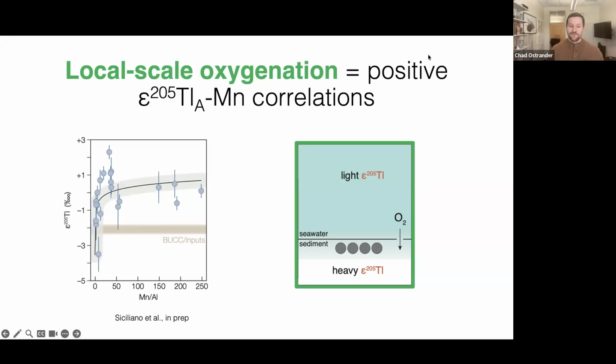That might manifest in the form of positive correlations between thallium isotopes and manganese contents. Sediments with higher manganese contents are more likely to have had some manganese oxide contribution. And if there were manganese oxides in the original sediments, then you would expect them to have isotopically heavy values. And in an unnamed unit, for specific reasons, I show that we do see this, and it's pretty neat that you can actually find evidence of the oxides in those original sediments.